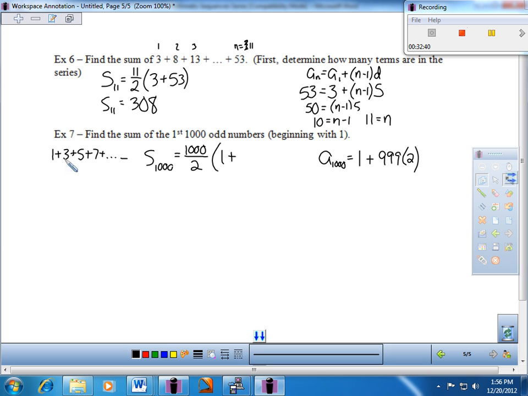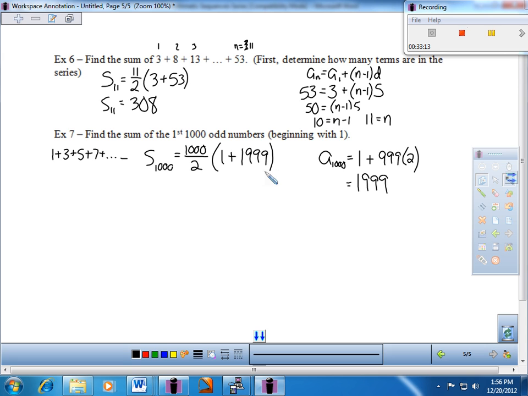For the second term, I added 2 once. For the third term, I added 2 twice. Add another 2, add another 2, add another 2. Add it 999 times, and I'll get this. If you happen to grab your calculator there, I happen to have this, so I get 1,999. So that is the last term in our series.